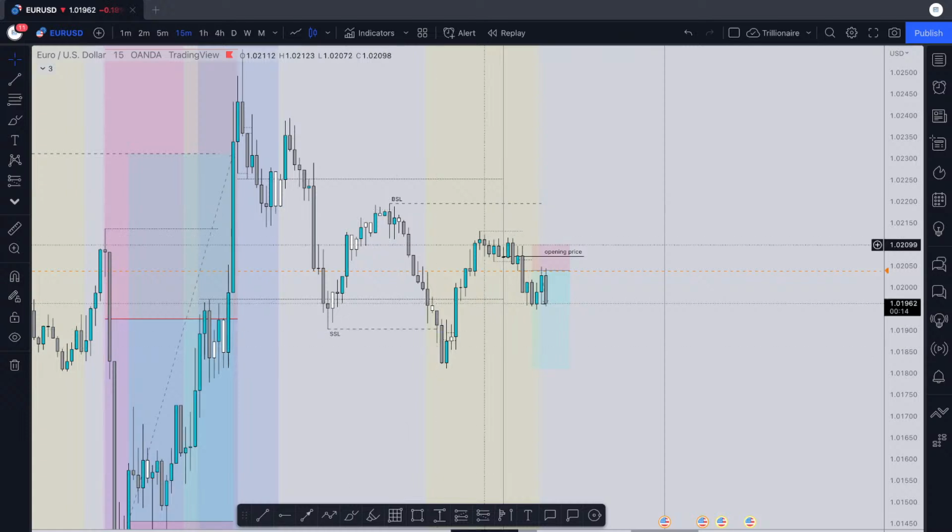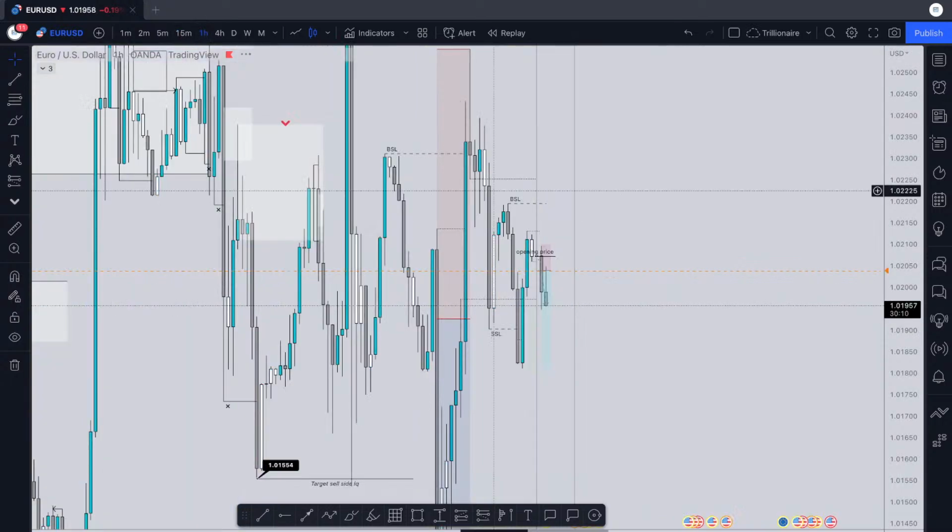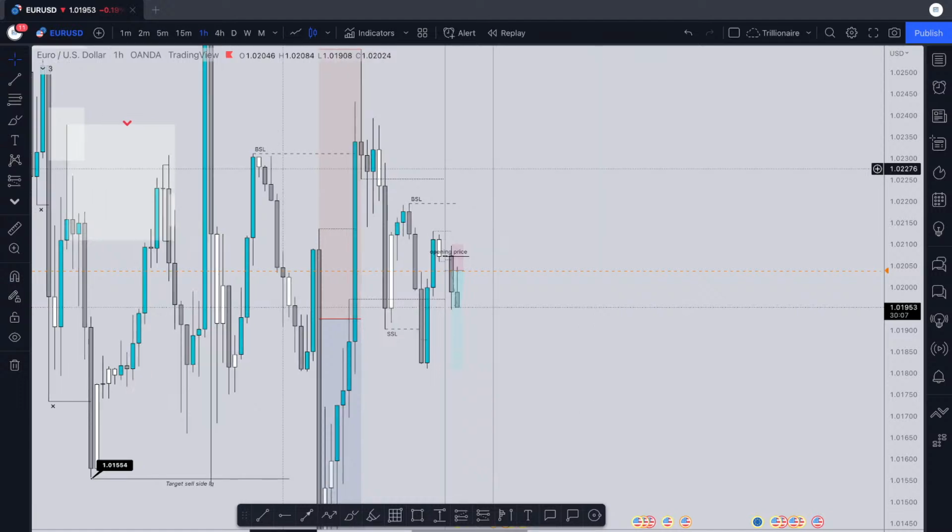If we go to the H1 time frame here, we do have this slight supply region, that price has tapped into.